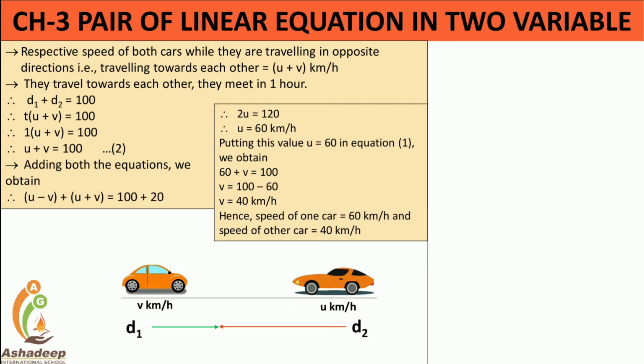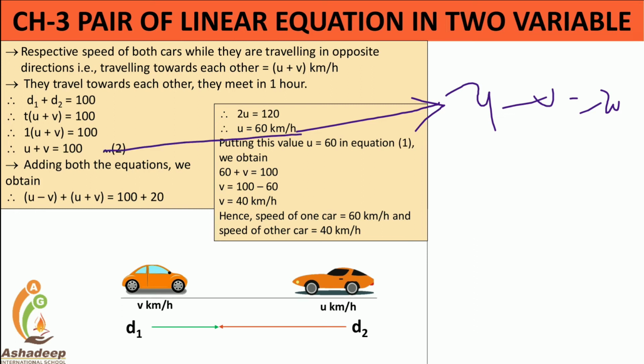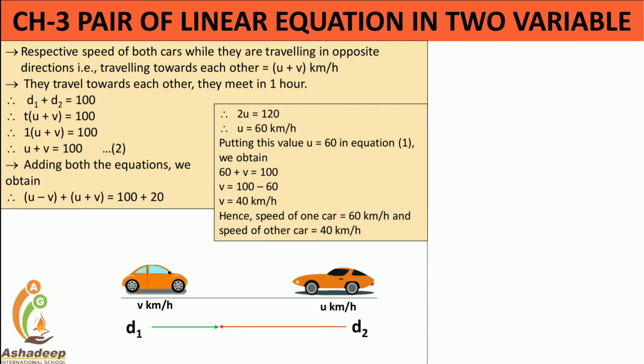kilometers per hour. Now put this 60 into equation number 1 or equation number 2. Equation number 1 is u minus v is equal to 20. You can put this into either equation. Sorry, we put it into equation number 2.